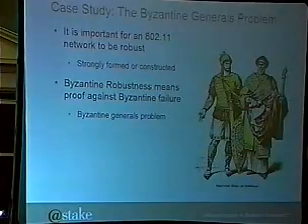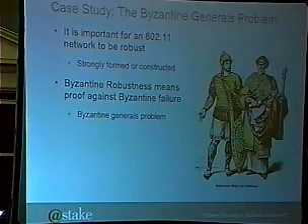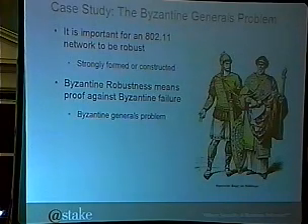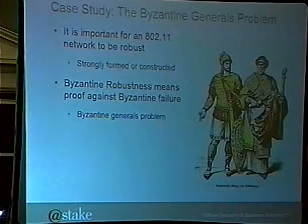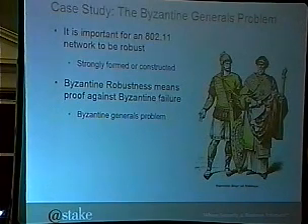In order to test for unspecified security issues, we need sort of a generic testing framework. And that moves us on into our case study here, the Byzantine generals problem. It's important for an 802.11 network, obviously, to be robust. According to Webster's, robust means strongly formed or connected. Byzantine robustness means that your network is proof against Byzantine failures.